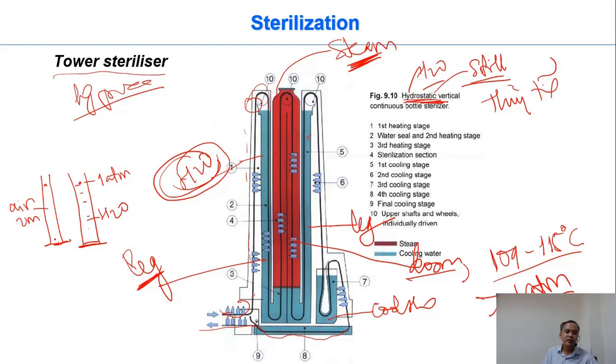What is the pressure at the bottom of the cylinder on the left side? Also 1 atmosphere. If you measure the pressure above, it's 1 atmosphere, and at the floor it's also 1 atmosphere, right?